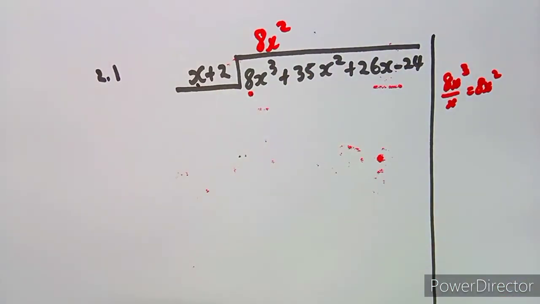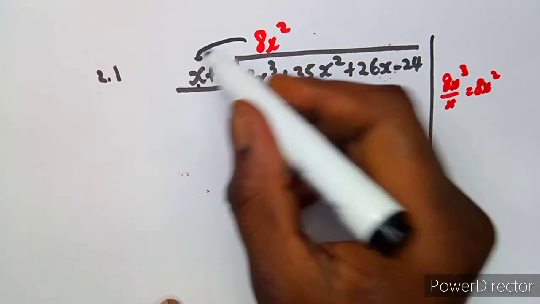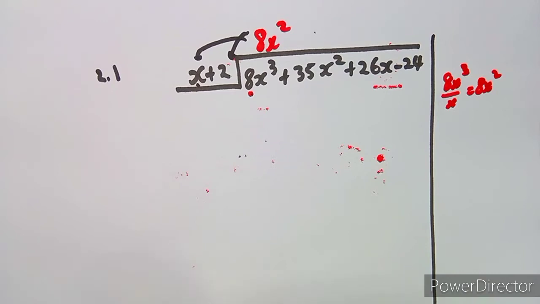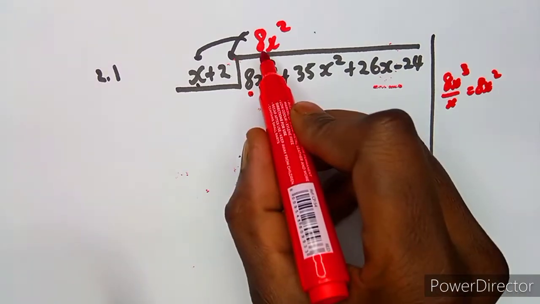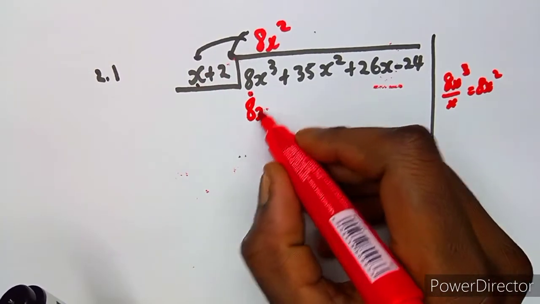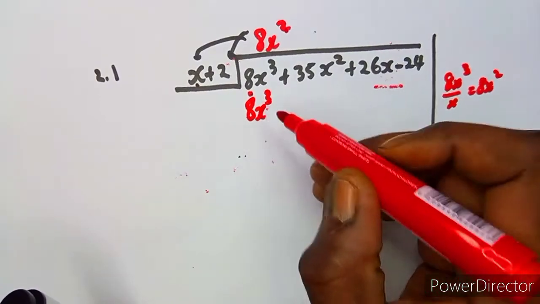Right, and I told you that you're going to multiply everything here, every term. So if you multiply, you're going to have 8x squared times x. That's going to give us 8x cubed, because this is x squared, this is x, so it's going to be to the exponent of 3.